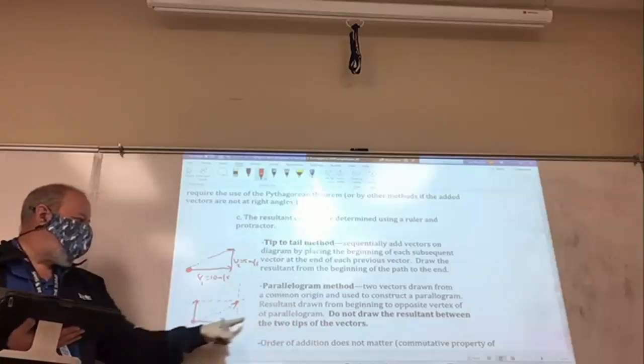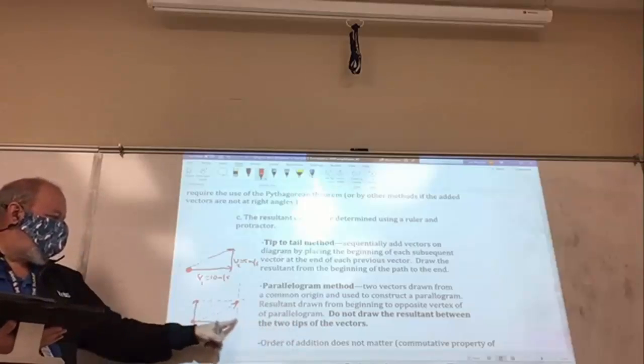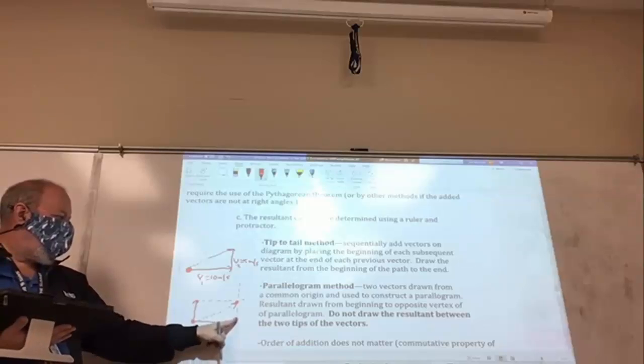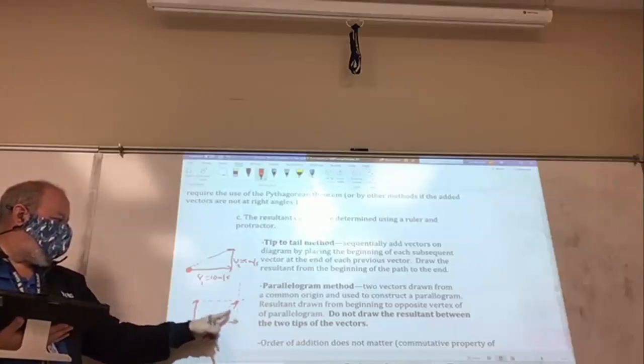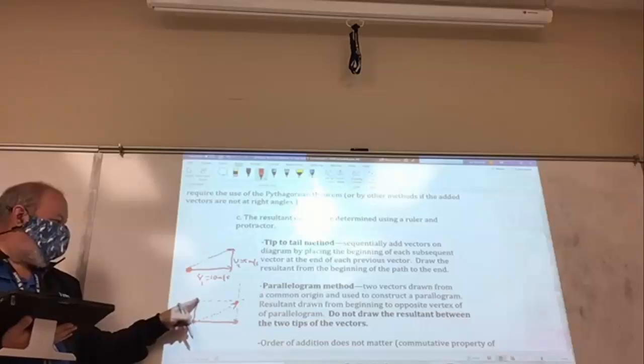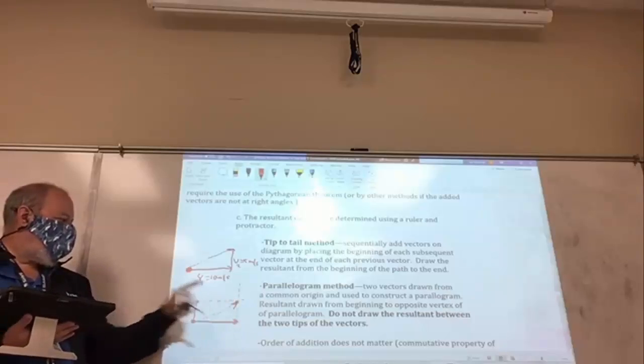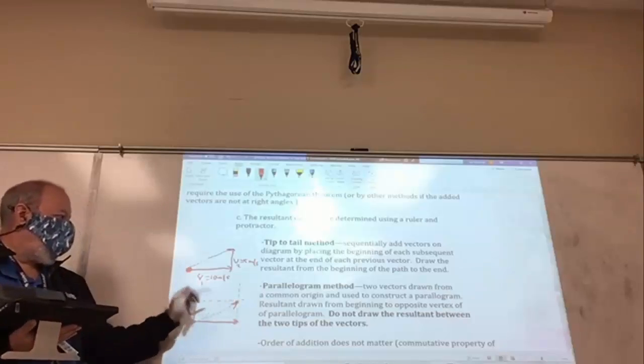Do not draw the resultant between the two tips of the vectors. That's wrong. Draw a line that's perpendicular to this, draw a line that's perpendicular to this, and where they intersect is where your resultant is.